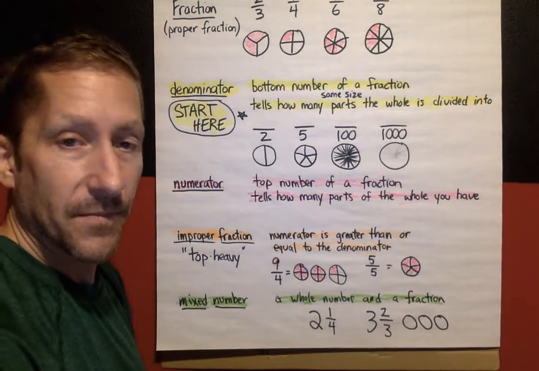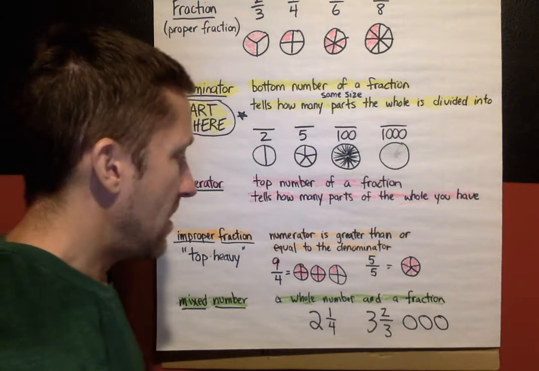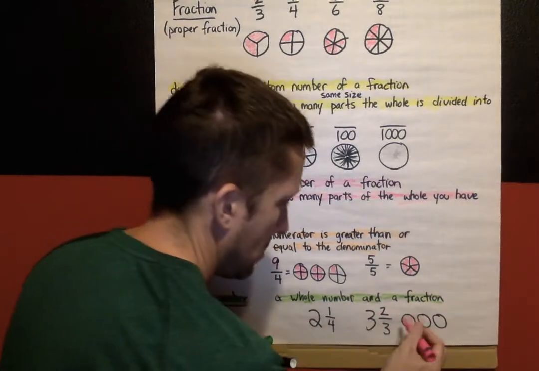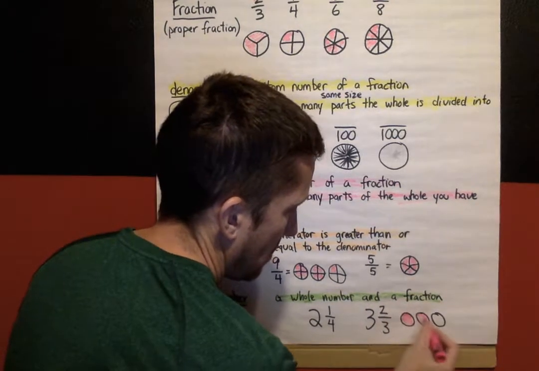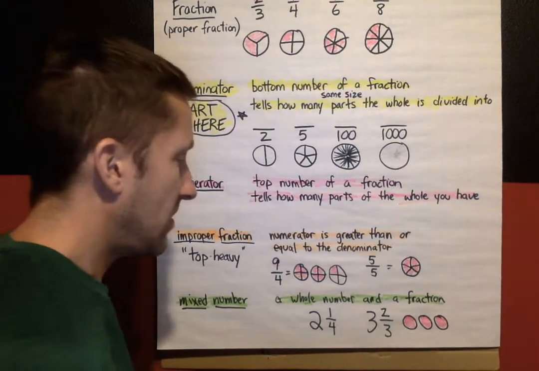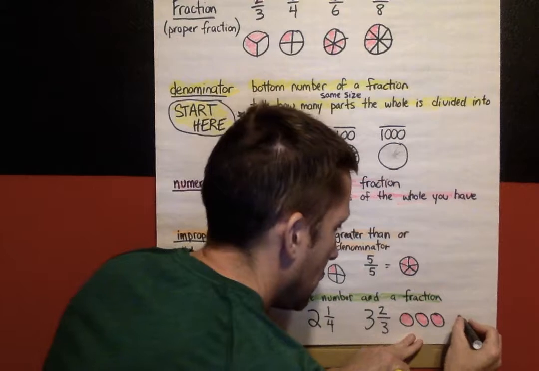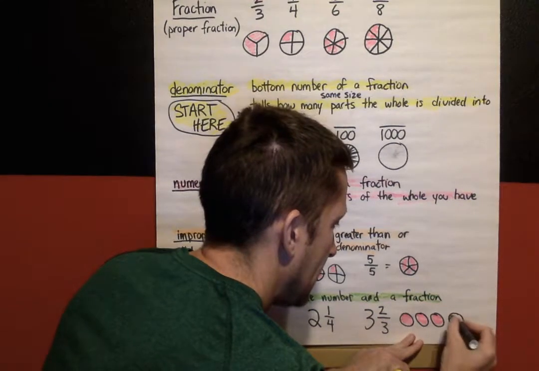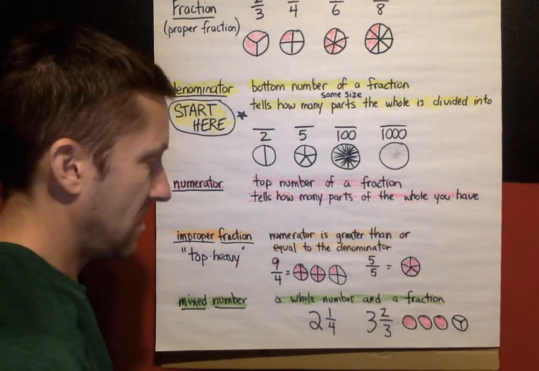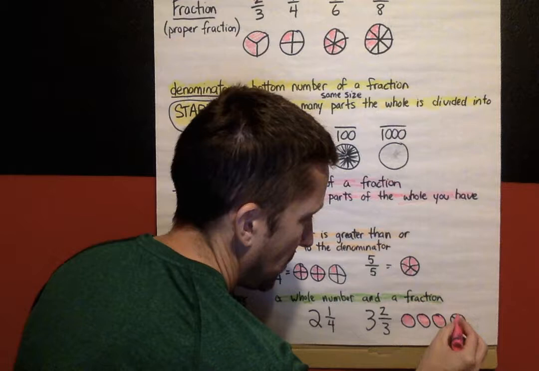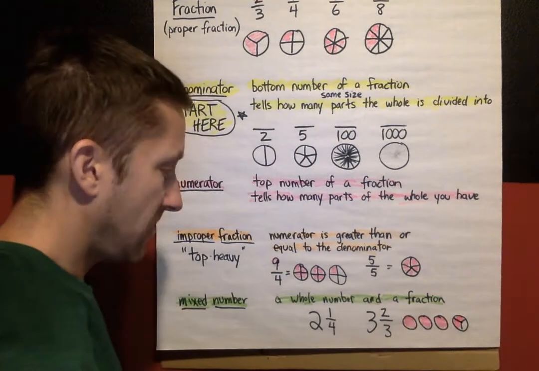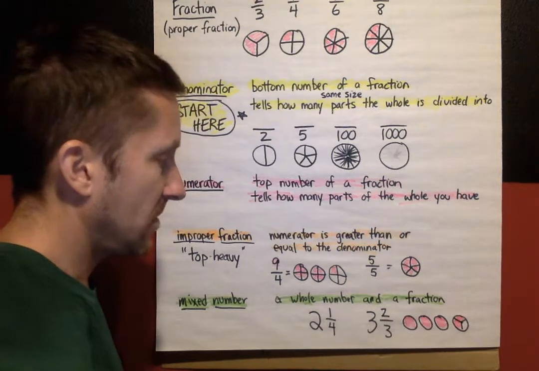Completely full. All full. Then 2/3. On the last pizza, it is divided into thirds, and I'm shading in 2. Here is a model for 3 and 2/3.